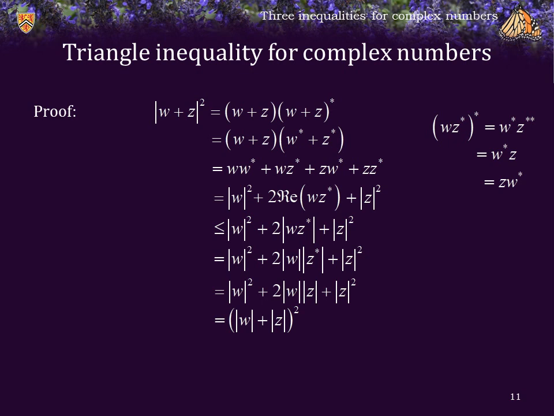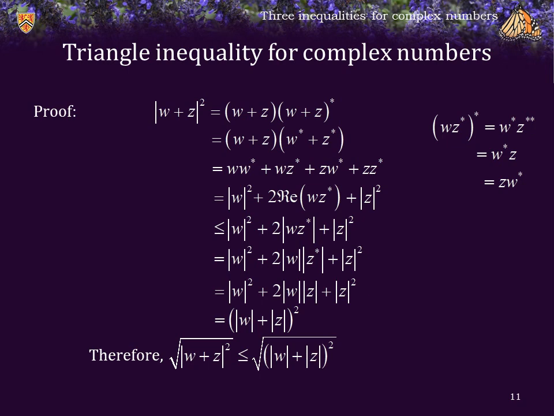Because both the first term and the last term are greater than or equal to 0. After all, w and z may both be equal to 0. Therefore, we can take the square root of both sides to get that the square root of the left-hand side equals the square root of the right-hand side. Oh, and wait a second. Same thing as before.